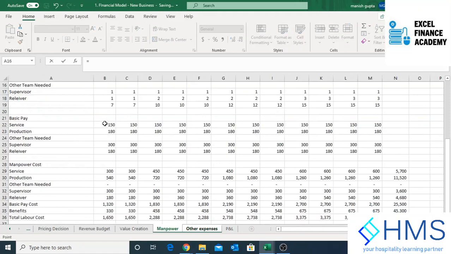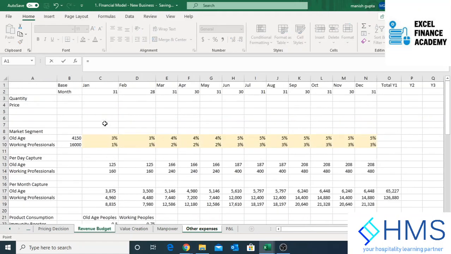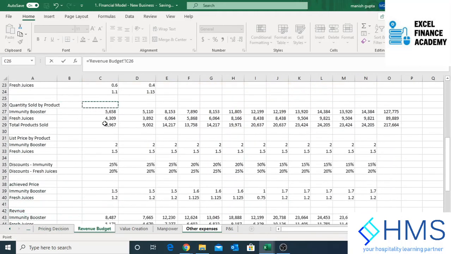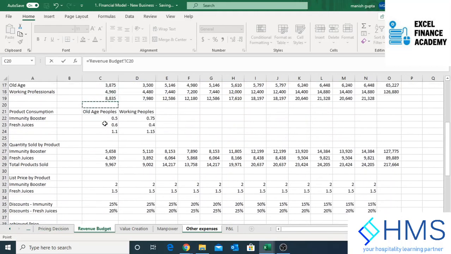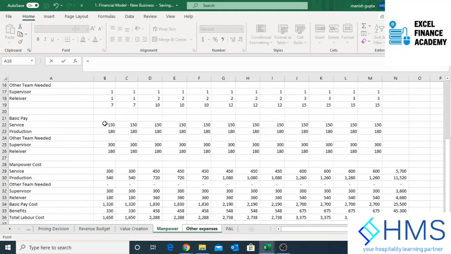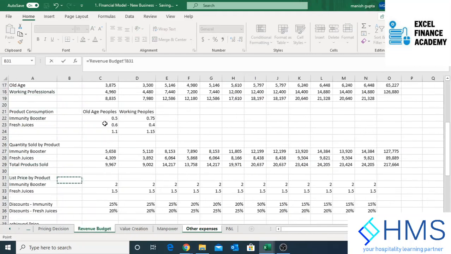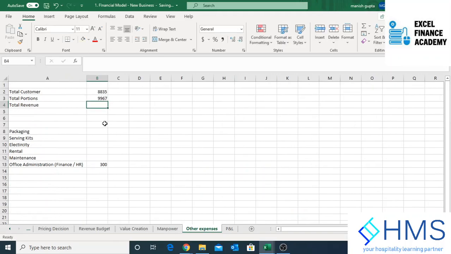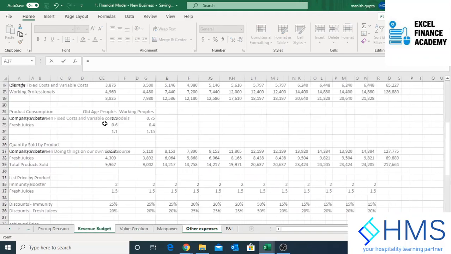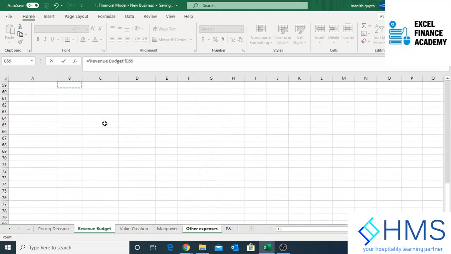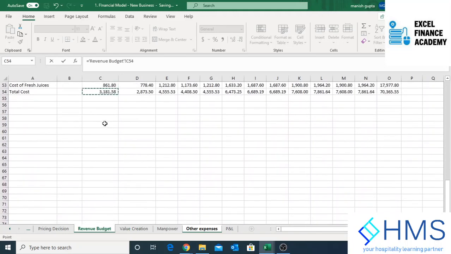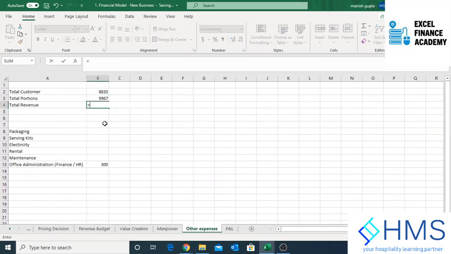So let's say revenue sheet has all the information that you need. You need total customers, so you get total, this is product sold. Here is the total customers, and you need total portions. You need total revenue, so you get total revenue from here. Oh, sorry, this is total cost.